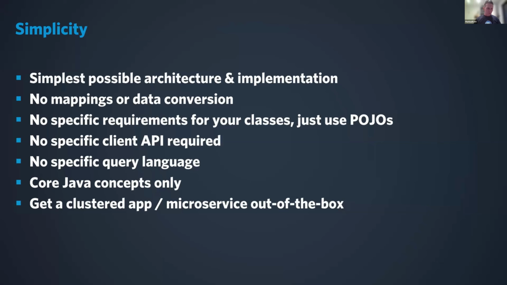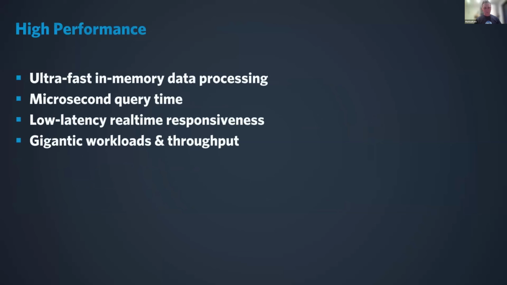Just Java concepts, and this is what we had in mind when we started with EclipseStore. Just to focus on Java, and use the perfect model, the object model of Java. High performance, of course, is always a topic.